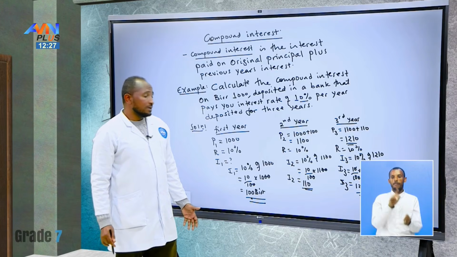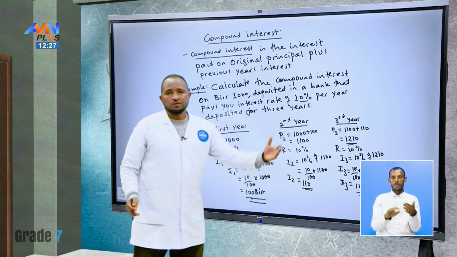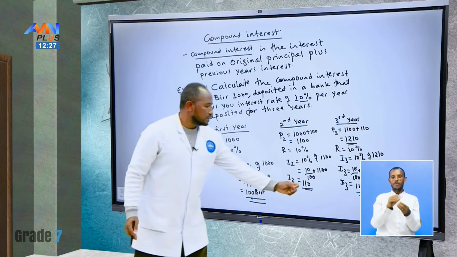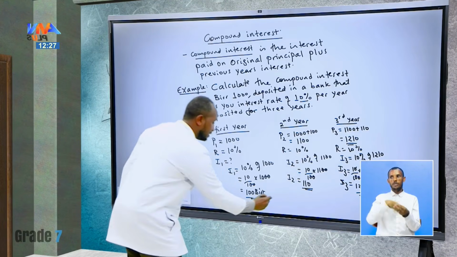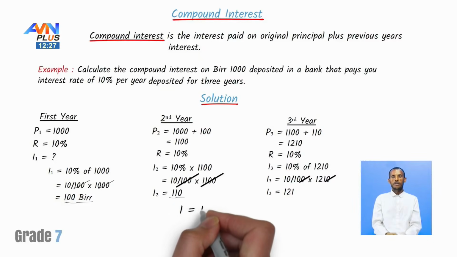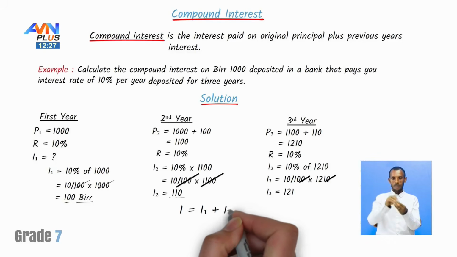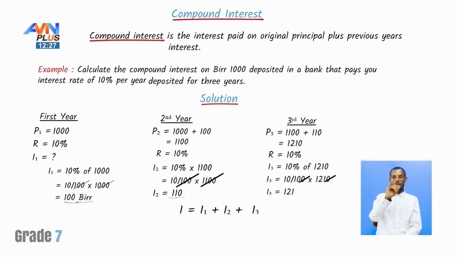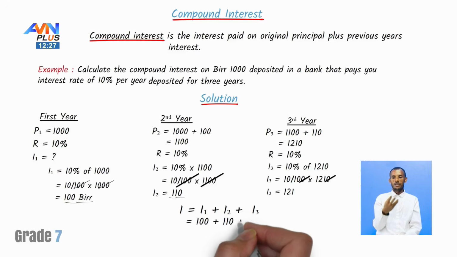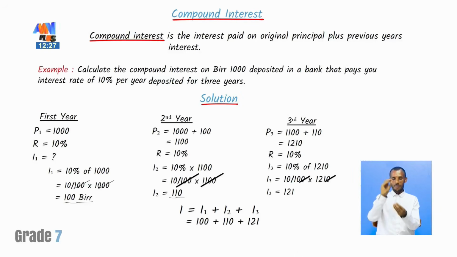So finally, the total interest throughout 3 years will be the sum of these interests. So I will be equal to I1 plus I2 plus I3. The first year's interest is 100, the second year's interest is 110, and the third year's interest is 121. Together this gives us a sum of 331.